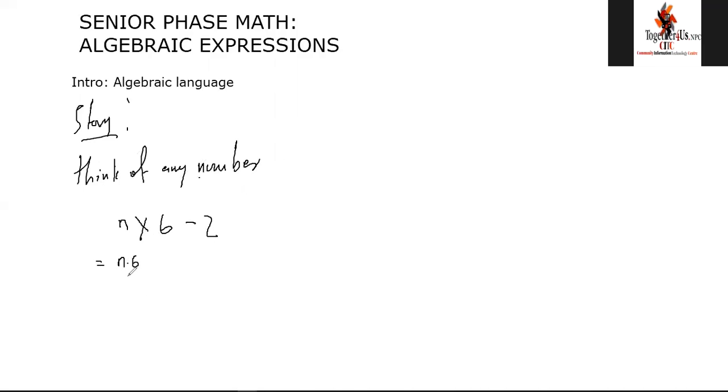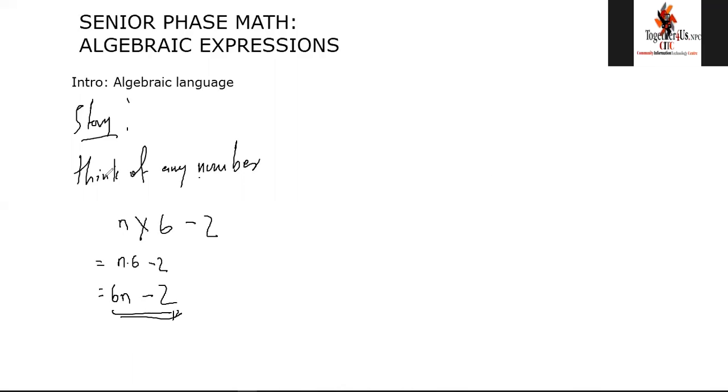I can use a dot to show multiplication, and then minus 2. But the convention that we use in algebra is that we must first write the number and then the letter. So we have 6n minus 2.